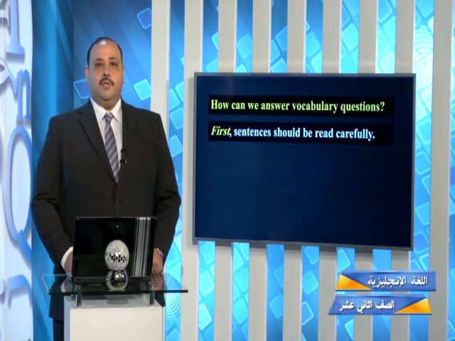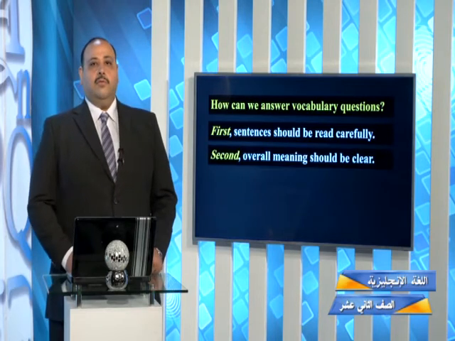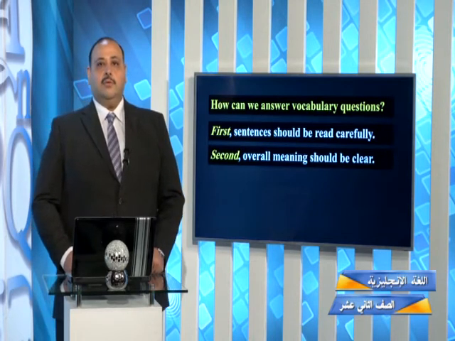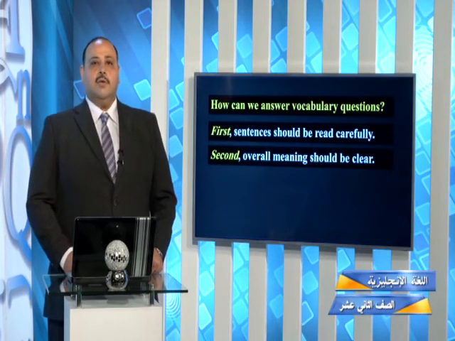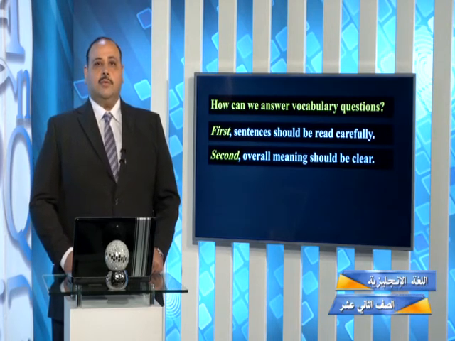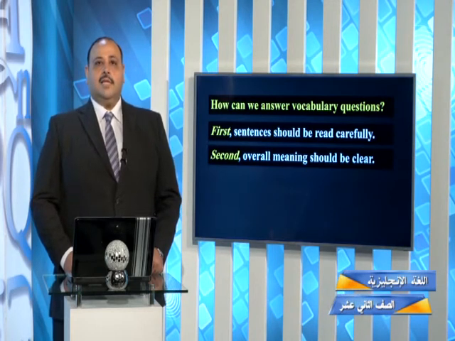Because once you read it, you can move to the next step, which is the overall meaning. In this case, you will understand what exactly the whole sentence is talking about, or at least you can decide what is the field it is focusing on. In this case, you will be able to choose the best answers.